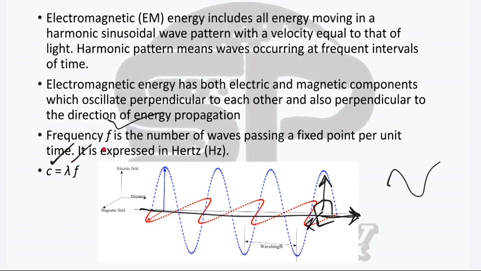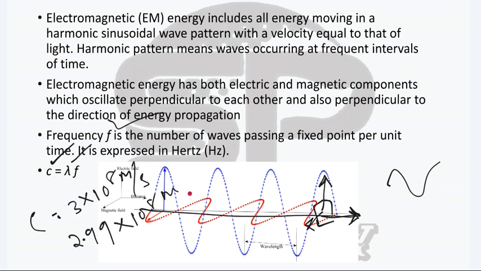Electromagnetic wave velocity is always called c, that is 3 into 10 to the power 8 meters per second. That is the velocity or speed of light. You can also take it as 2.99 into 10 to the power 8 meters per second, and by rounding it, it is 3 into 10 to the power 8. See, this is the wavelength, crest to crest is the wavelength.